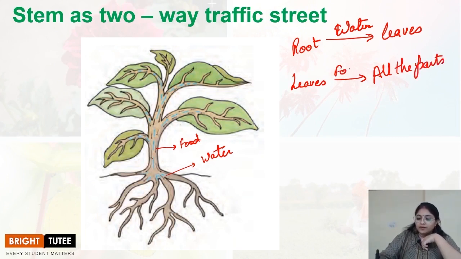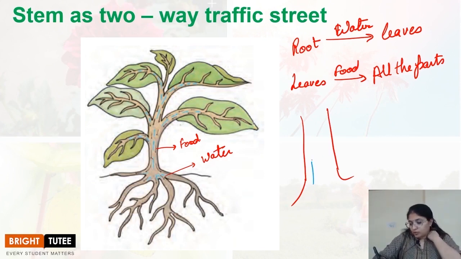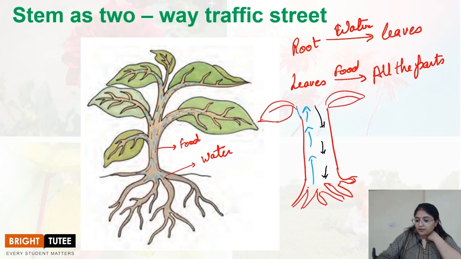So in this way we see that, suppose this is the stem of a plant, right? The blue colored arrows show the water moving up to the leaf, and the black colored arrows show the food going down towards the root and the other parts of the plant, right? So in this way we see how the stem acts as a two-way traffic.